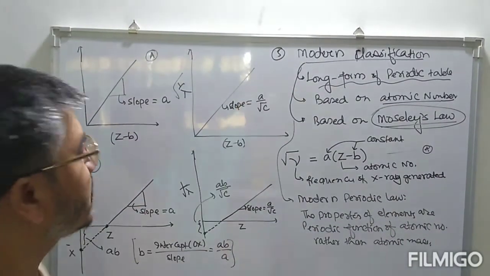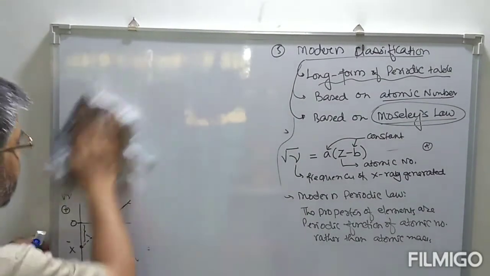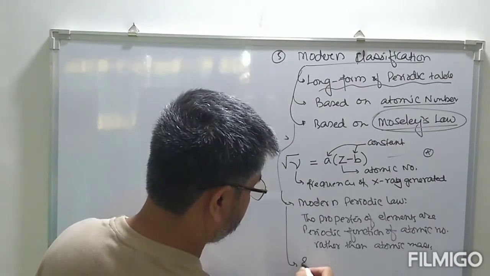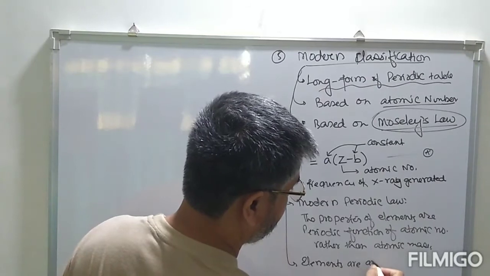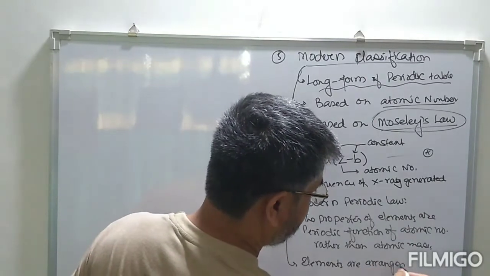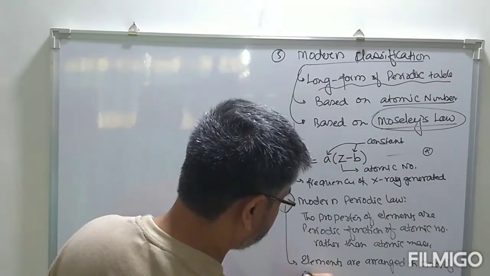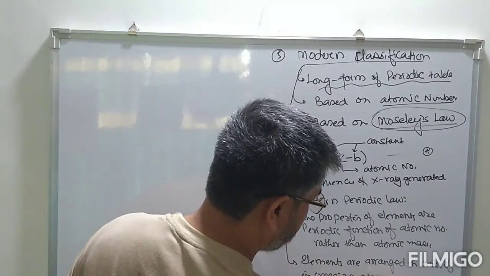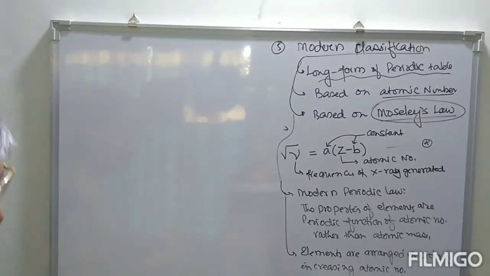So in this modern classification of elements, elements are arranged in order of increasing atomic number rather than atomic mass.